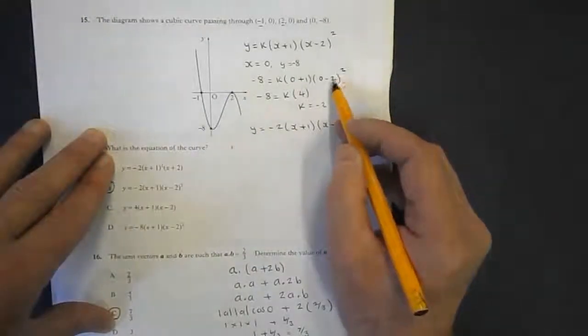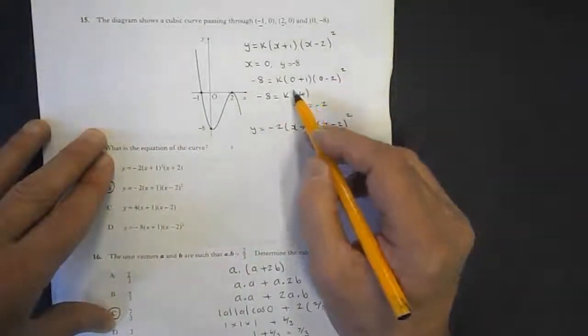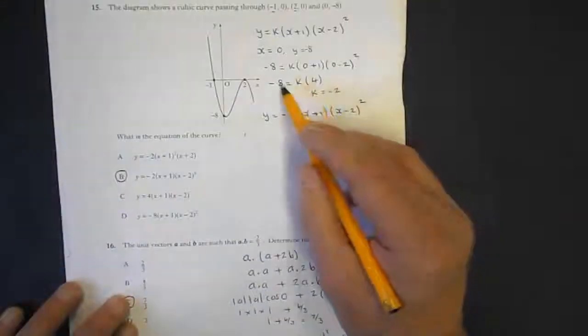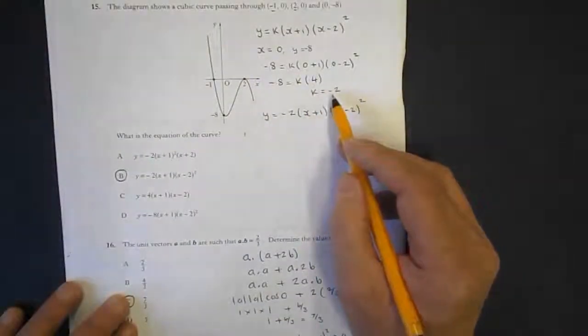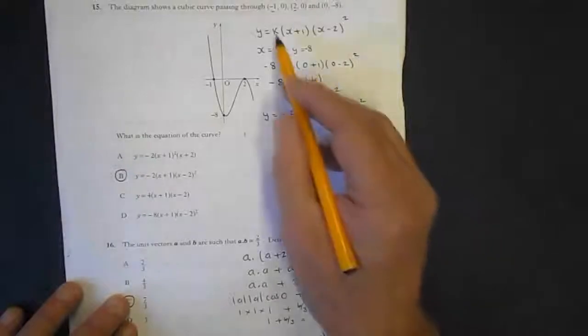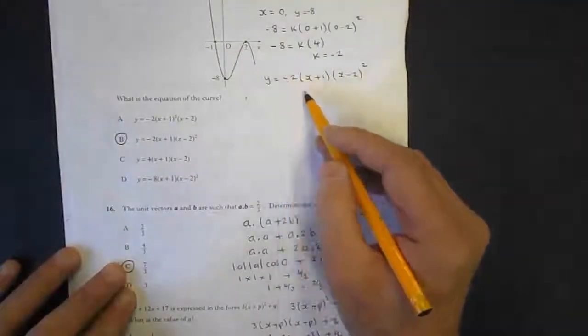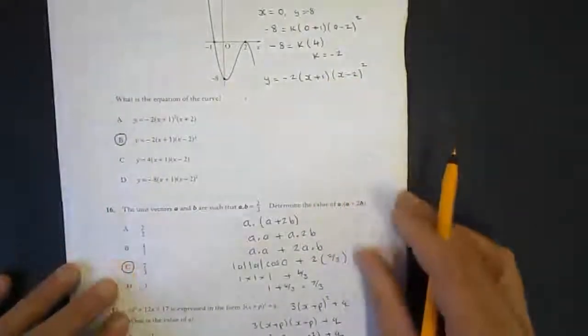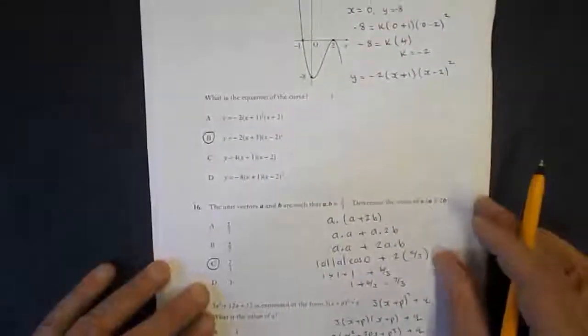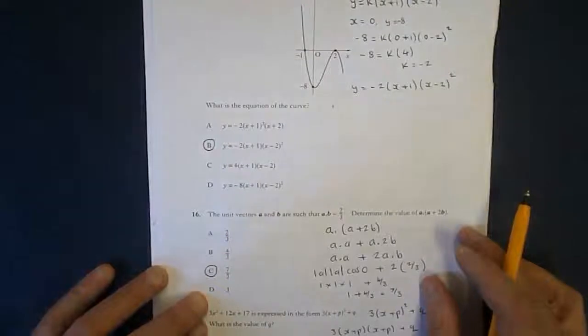Minus 2 squared is 4. Times 1 gives you 4. What times 4 gives minus 8? So k actually is minus 2. So there's a minus 2 there. So y is minus 2 times x plus 1 times x take 2 squared, which is choice B.